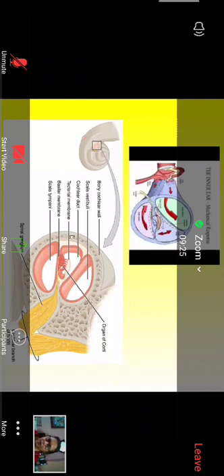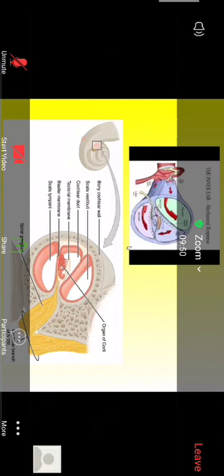At the apex, this opening is called, what is the name of that opening? Helicotrema. Very good.